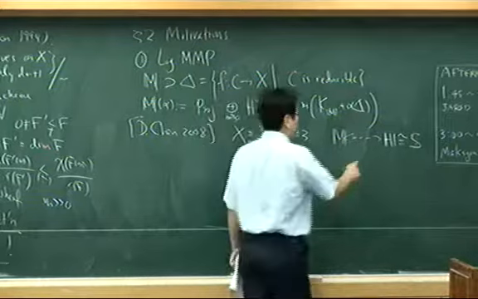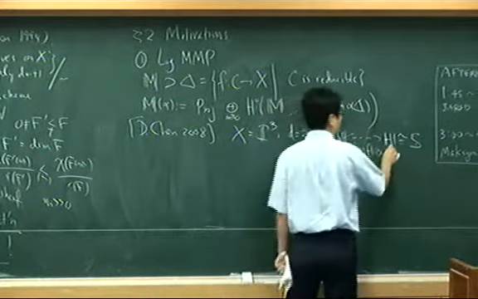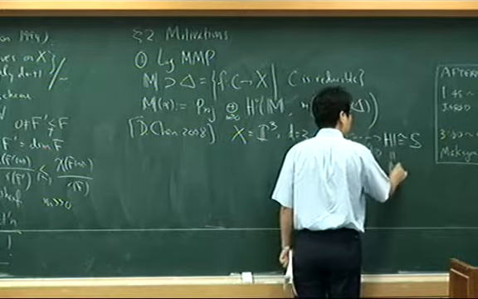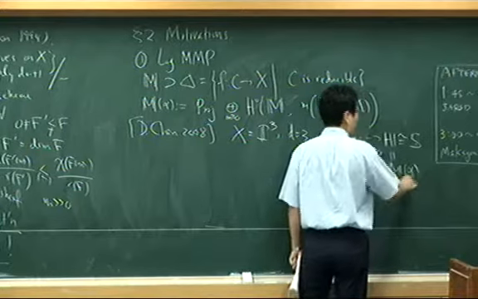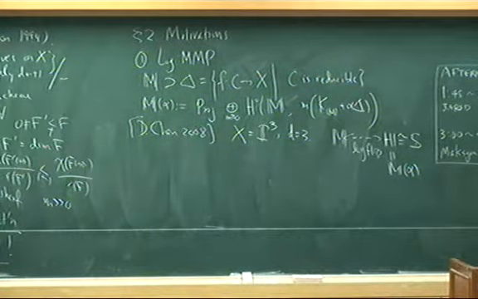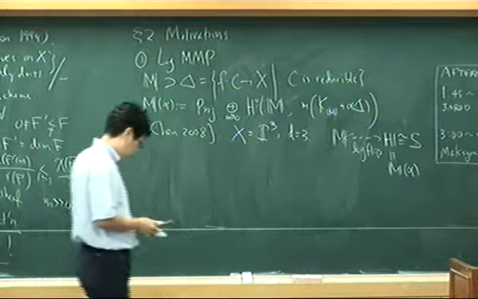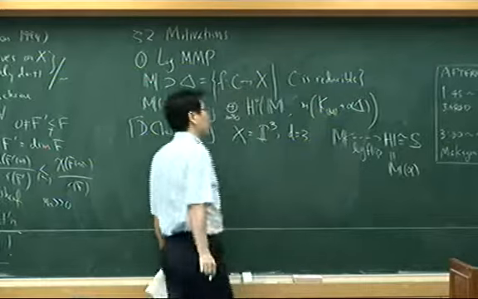More precisely, H is the log minimal model, the log canonical model of M, for a suitable choice of alpha. So the motivation is to have a better understanding of this birational morphism.